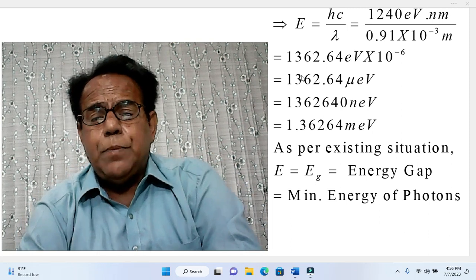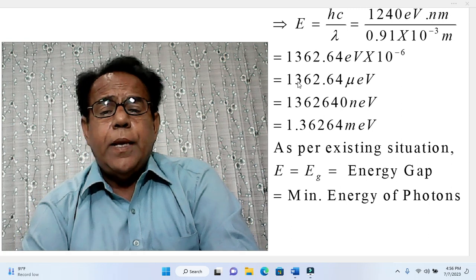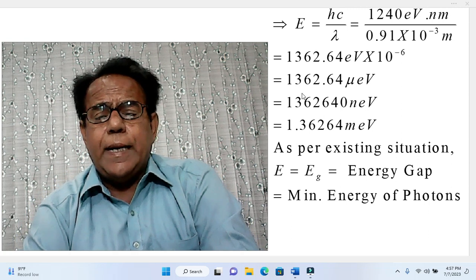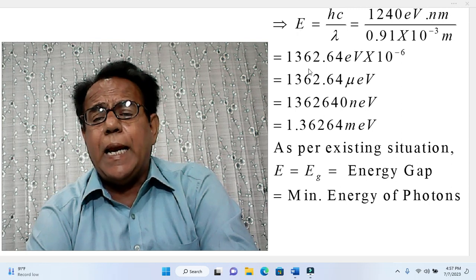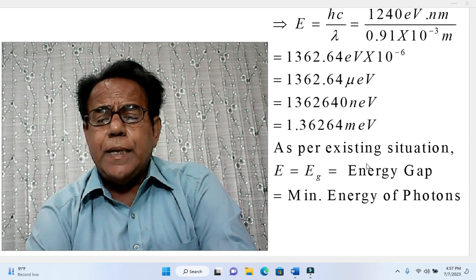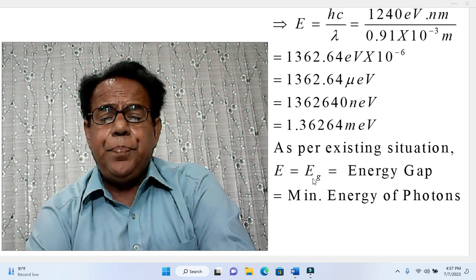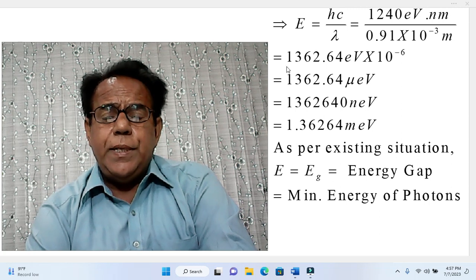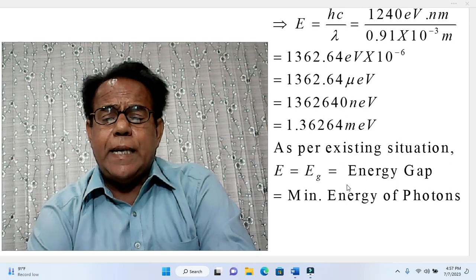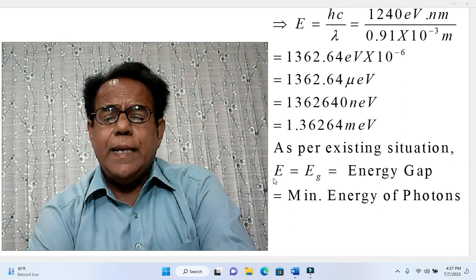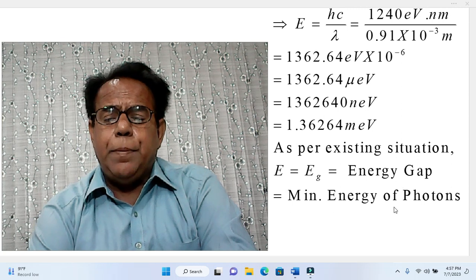This is the minimum energy required to emit those photons, and hence this E is equal to the energy gap. As per the existing situation, E may also be denoted by Eg, and we know that Eg is the energy gap, and this energy is also the minimum energy of photons.